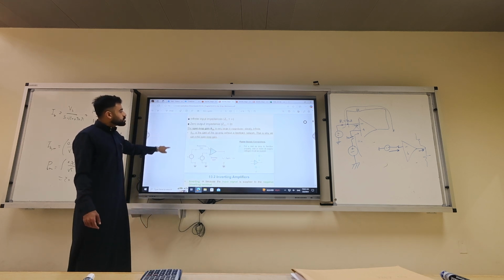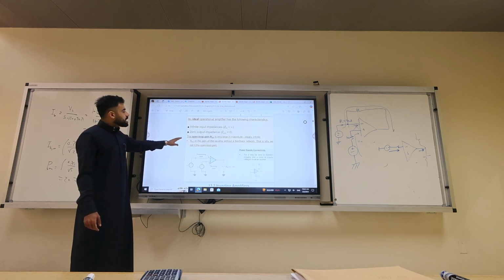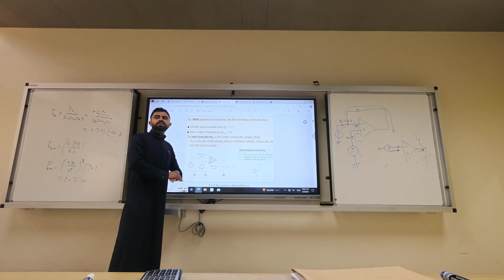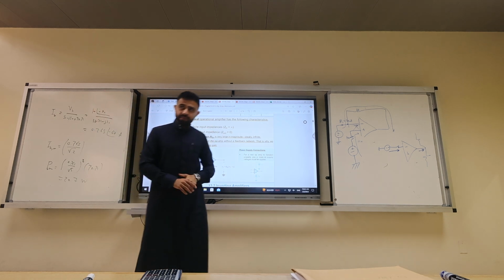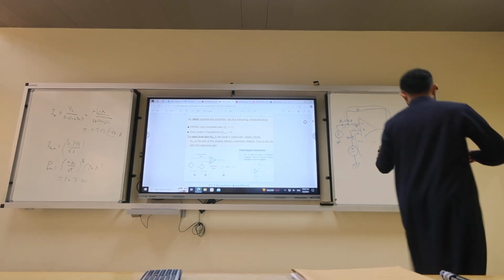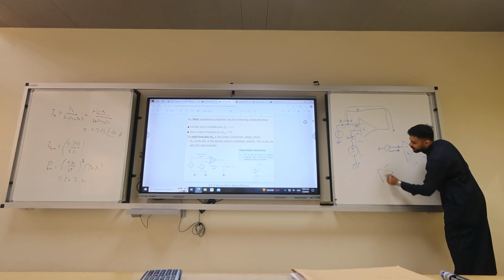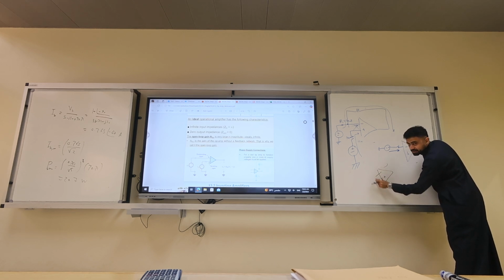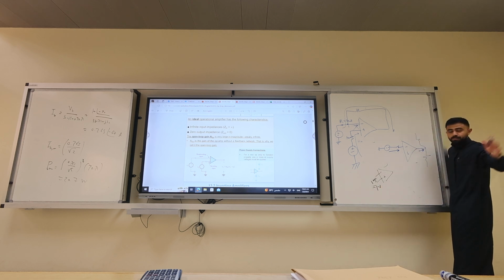The third and the most important feature is the open loop gain is very large, 9999, okay? Say the cruise control for some reason measured a difference of 1 kilometer per hour, which can be translated to 1 volt, for example.